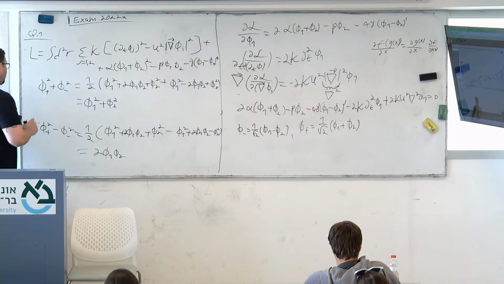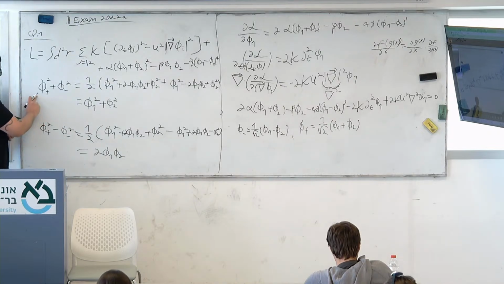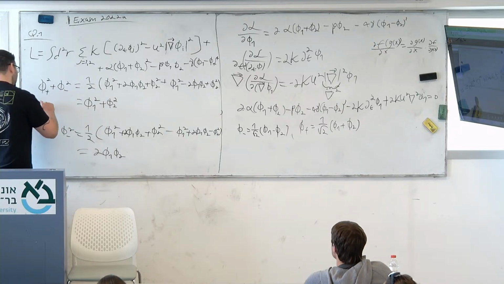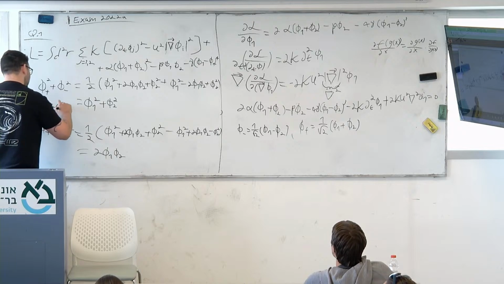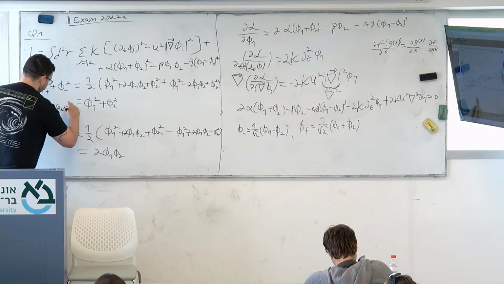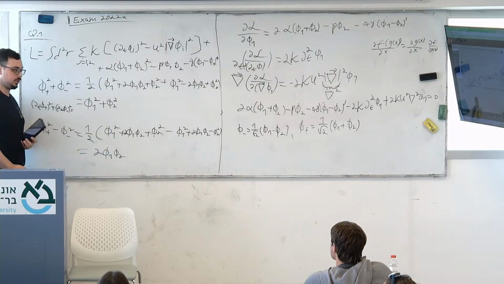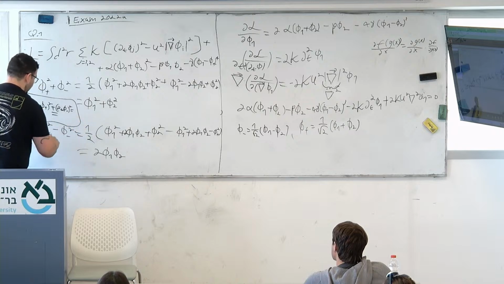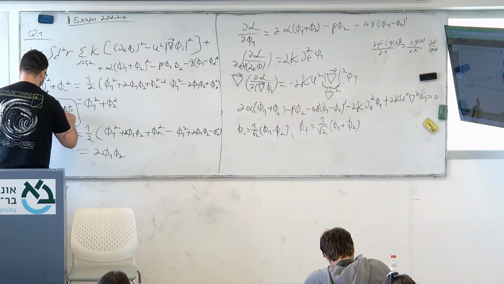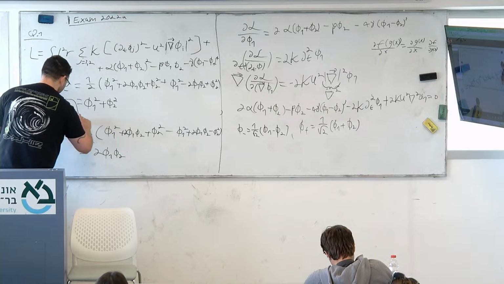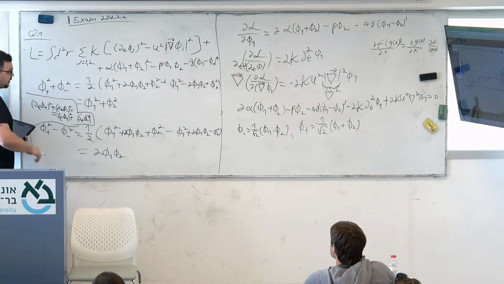But notice that if I write instead of phi plus squared plus phi minus squared, dt phi plus squared plus dt phi minus squared, doing the exact same calculation, I'll reach dt phi1 squared plus dt phi2 squared. Probably should have just written it on the other board.